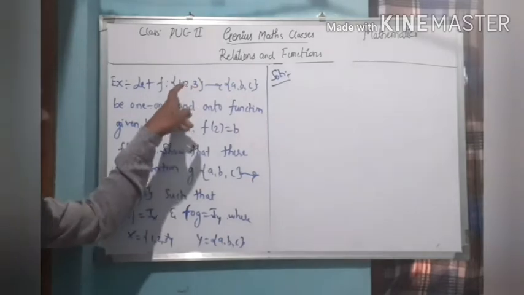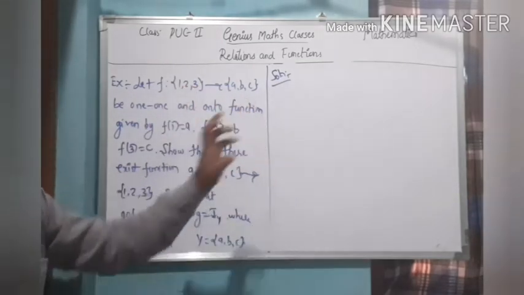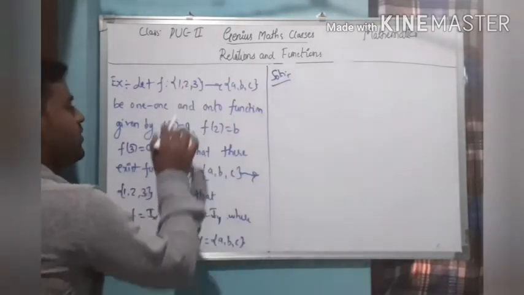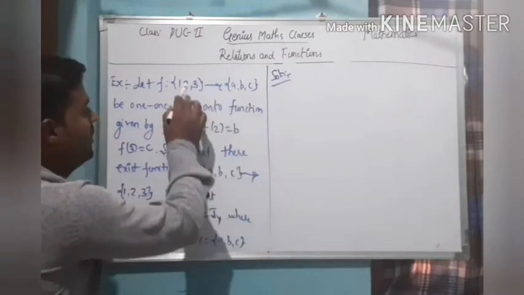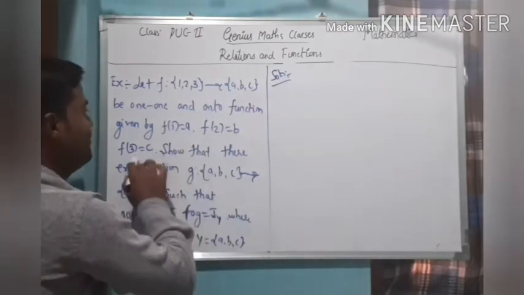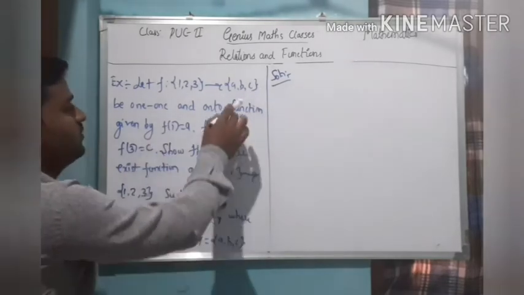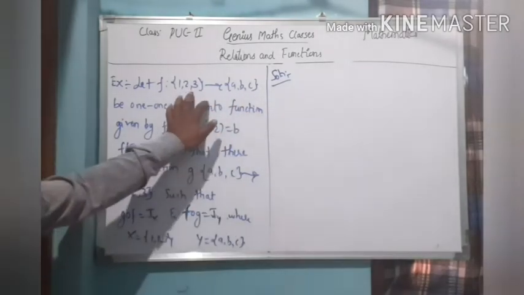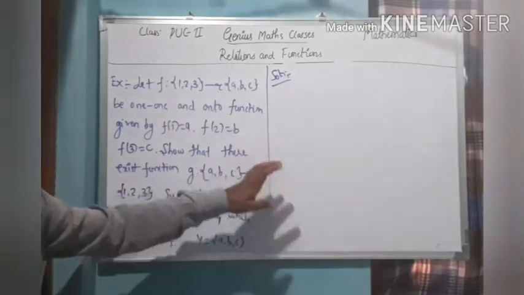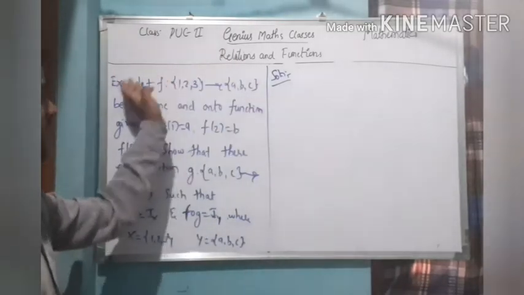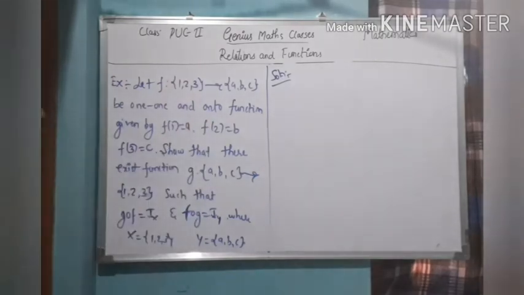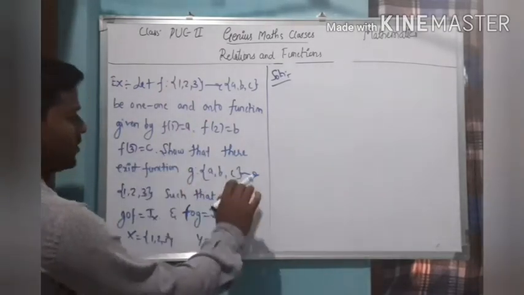We are defining this function by f of 1 equals a, f of 2 equals b, f of 3 equals c, because this is a bijective function. Each element here has a different image, that is one-one, and each element here has an image, therefore it is one-one and onto. So there exists a function.